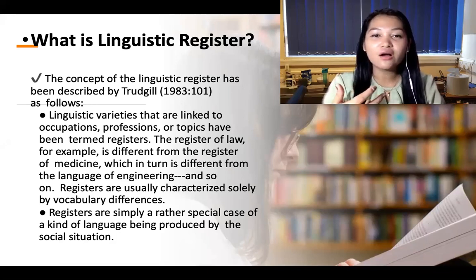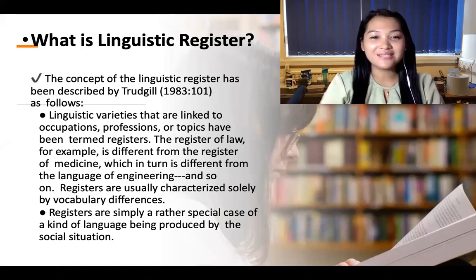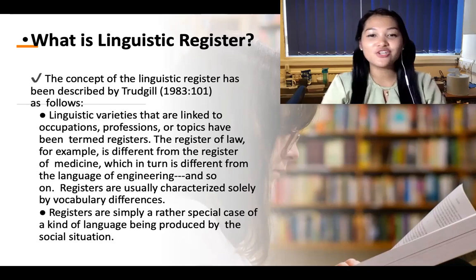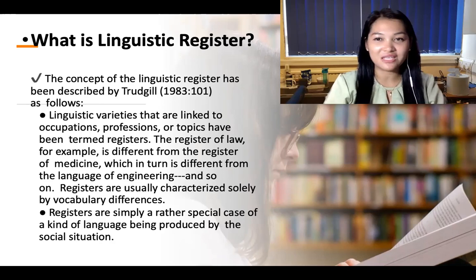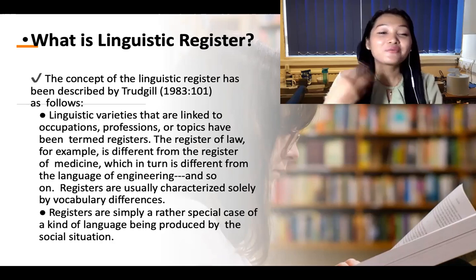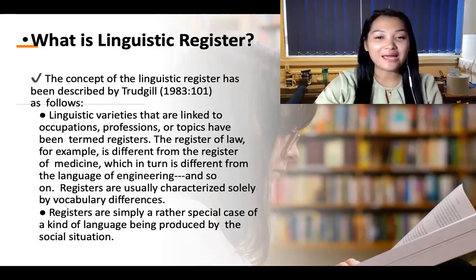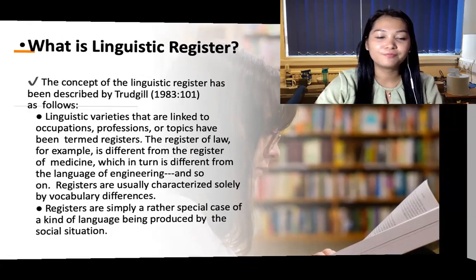The register of law, for example, is different from the register of medicine, which in turn is different from the language of engineering, and so on. Of course, different from the language of teaching. Okay? Registers are usually characterized solely by vocabulary differences. And registers are simply a special case of a kind of language being produced by the social situation.